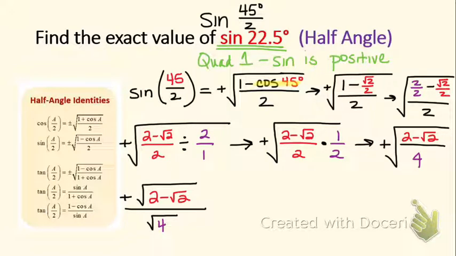And my denominator can simplify. What is the square root of 4 going to be? It's going to be 2. And you have reached the end.